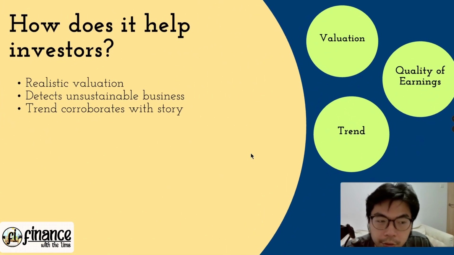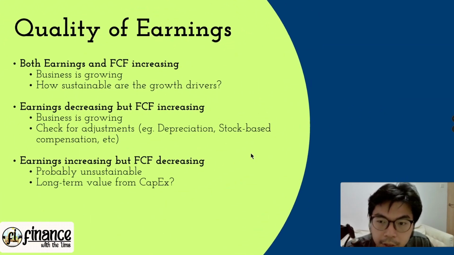Next, the quality of earnings. First, suppose both earnings and free cash flow are increasing over time. This means that the business is growing. And as investors, our natural question should be, how sustainable are the current growth drivers? Second, if earnings are decreasing but the free cash flow is increasing, this also means that the business is growing. However, we should look out for adjustments that cause the earnings to decrease.